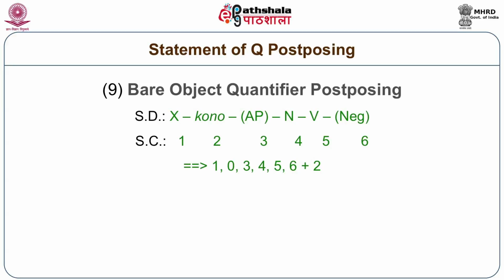We state the transformation as 9, bare object quantifier postposing. The details are given in the e-text. There is also some discussion about why the details are done the way that they have been done. We don't need to rehearse it orally.